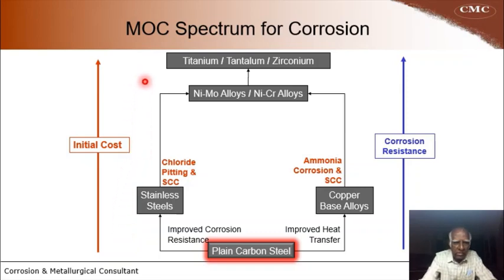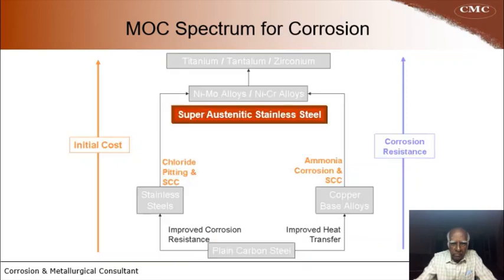To reduce this cost, a lot of research went on and they produced in-between materials. These materials are called super austenitic stainless steels. You can see the difference.